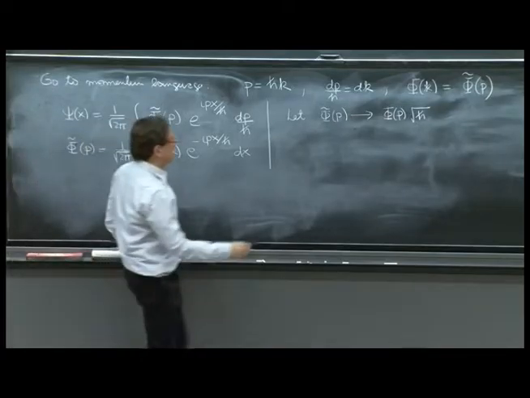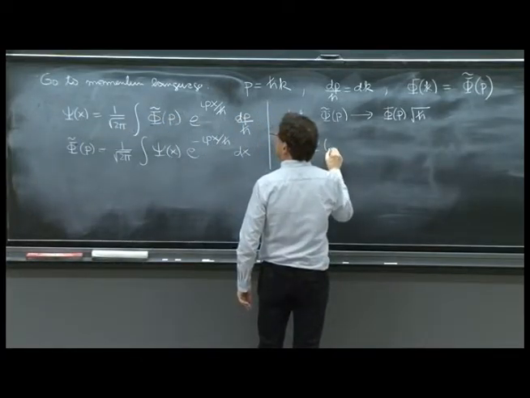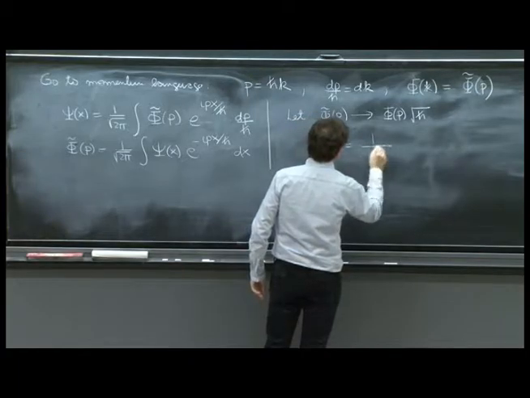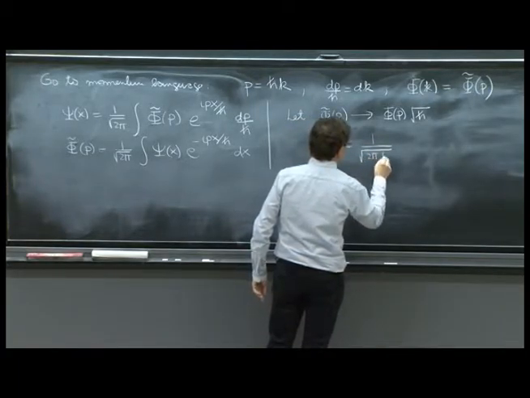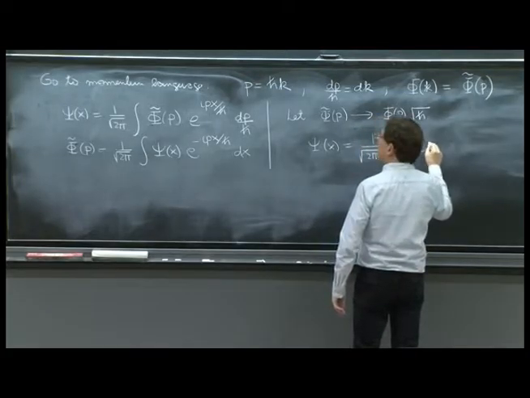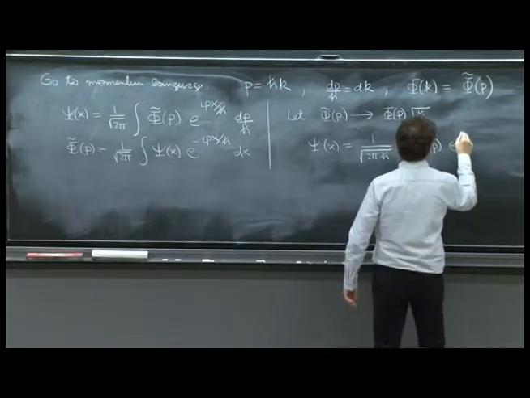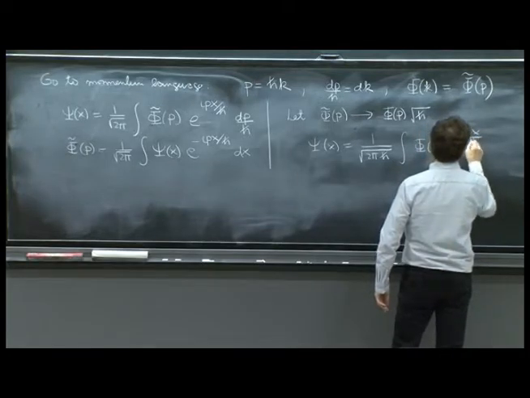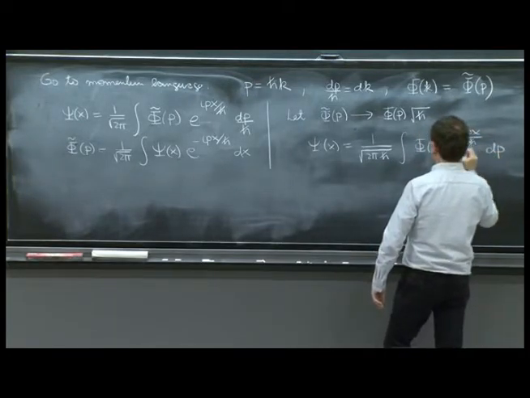So this first equation will become psi of x equals 1 over square root of 2 pi h bar integral phi of p e to the ipx over h bar dp.